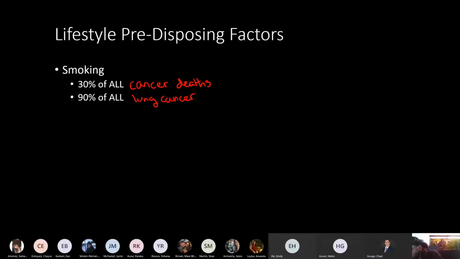Not only are there carcinogens in the cigarette smoke, just the very smoke that you're breathing in, the product of combustion, like the literal smoke, is an irritant for your lungs.